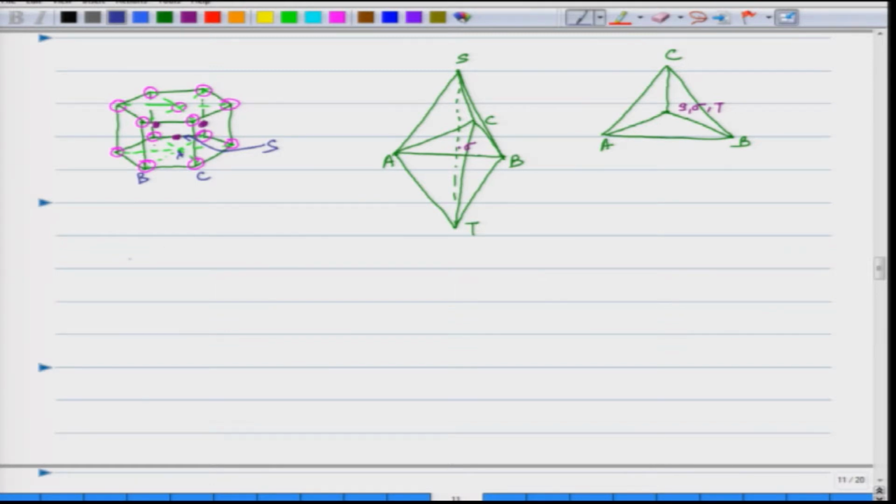So, now let me write the Burgers vectors, and there is a category. First let me write for perfect dislocations. Now, even in perfect dislocations, you would see that there is not only one possibility, there is more than one possibility which we have already seen, and now we will write in terms of these alphabets.